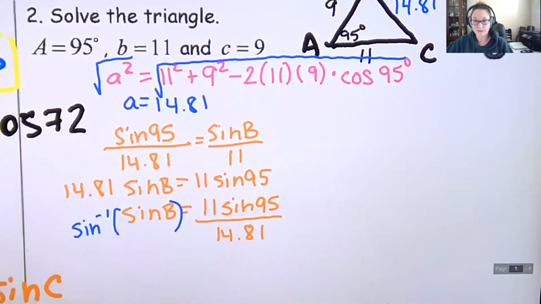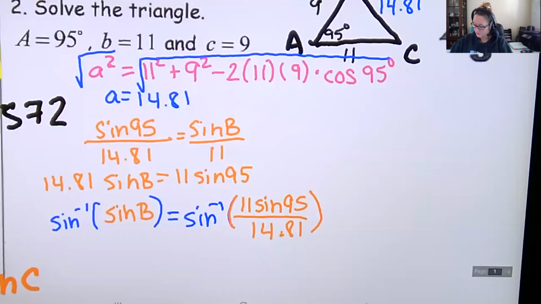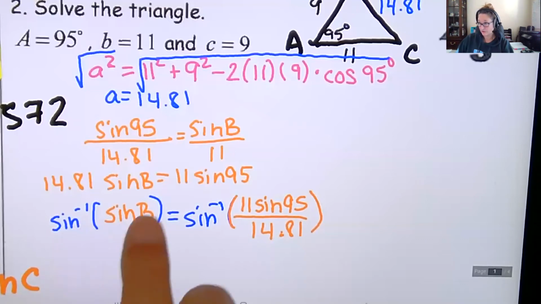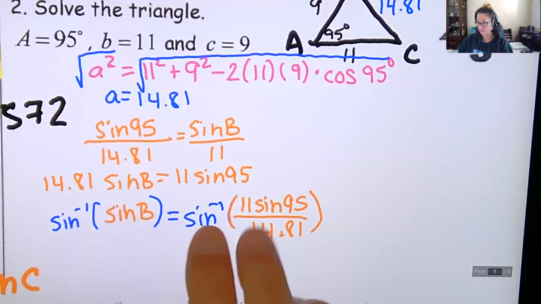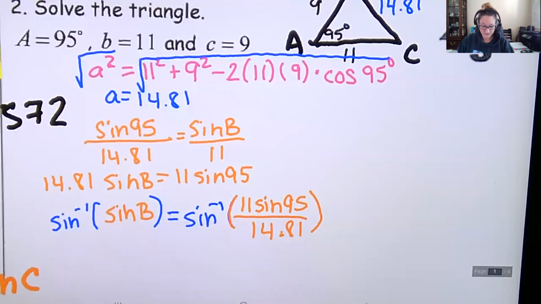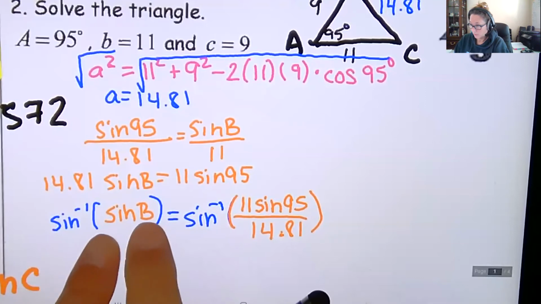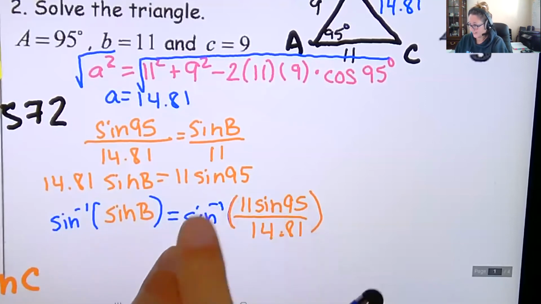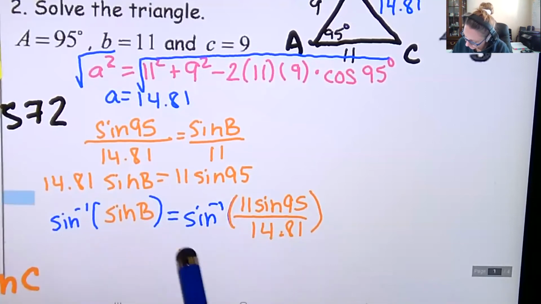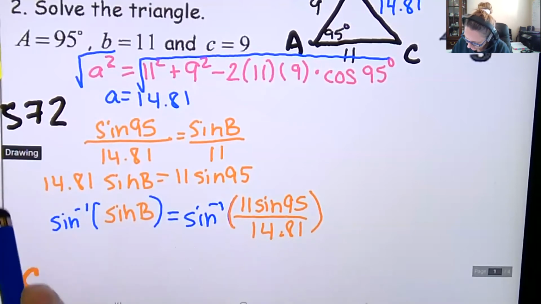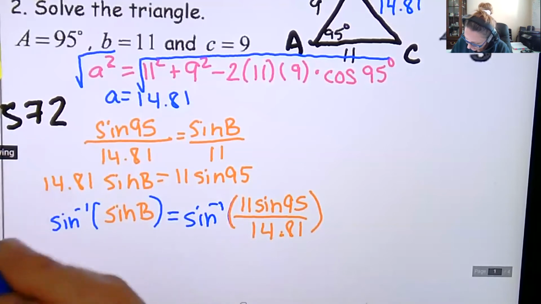Give me one sec. So again, I wrote sine inverse of this and sine inverse of this. I usually don't physically write that out, okay? Usually from this step, I will just write this sine inverse, but I just wanted you guys to see what I'm doing.